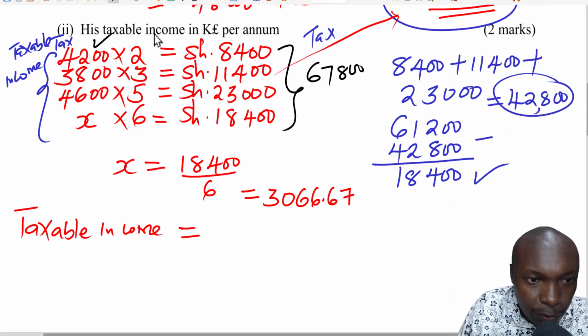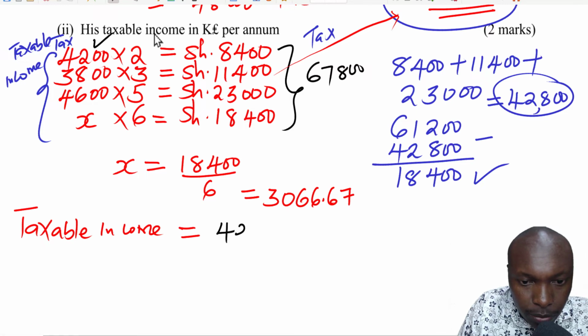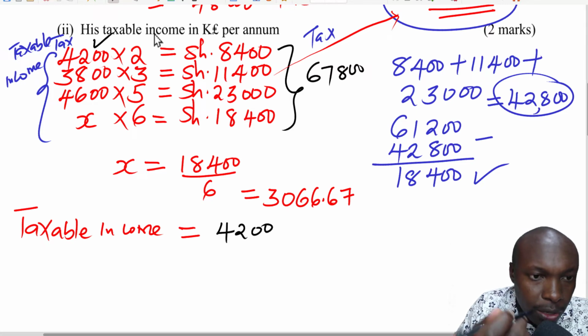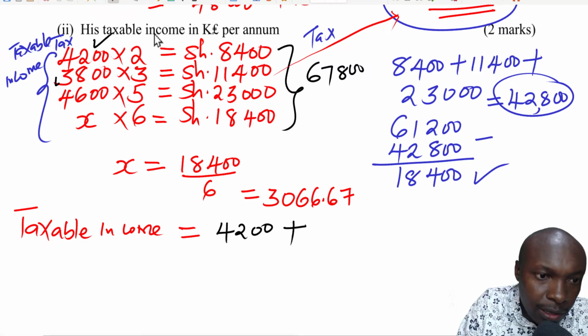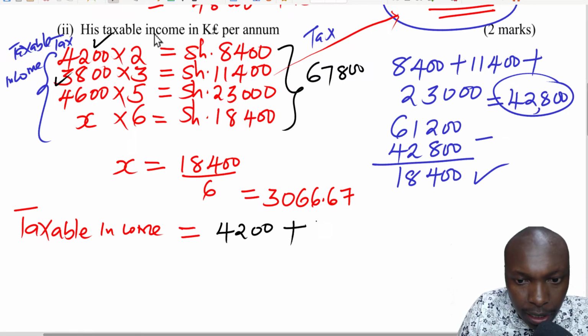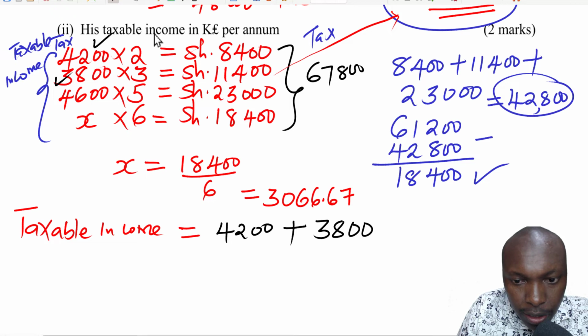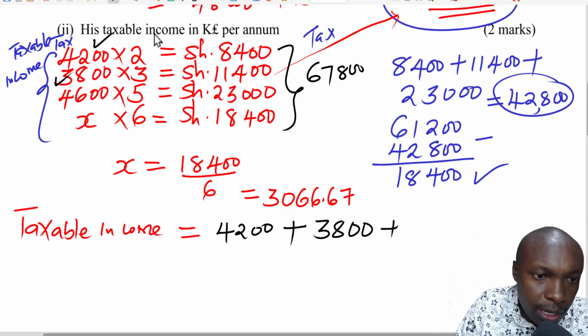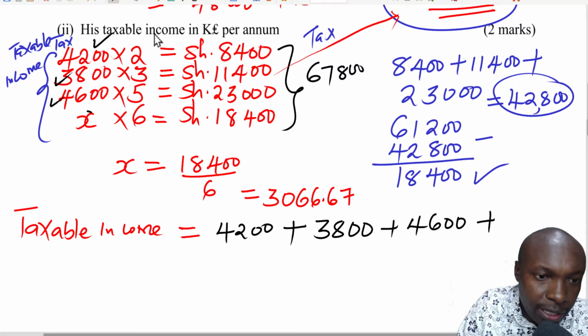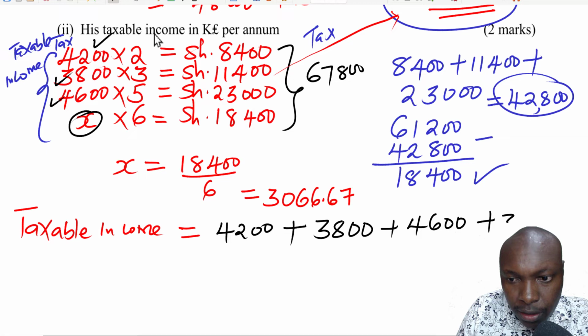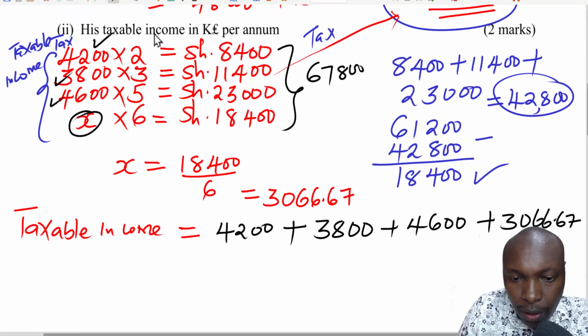In the first slab, we taxed 4,200, plus the second slab, which is 3,800, plus the third one, 4,600, plus now X. X is 3,066.67.